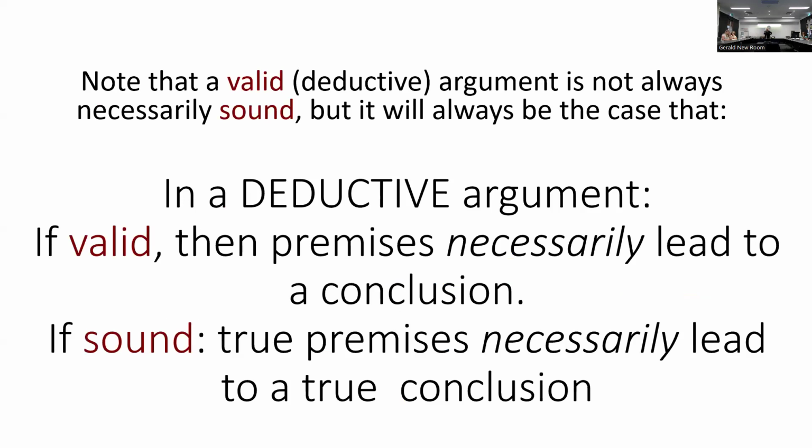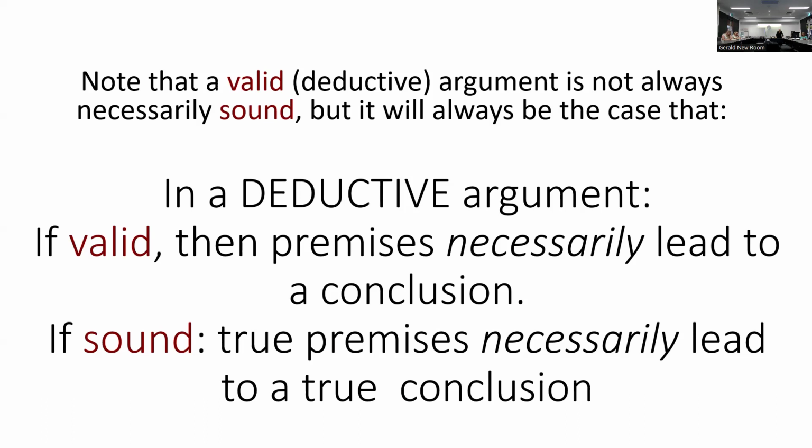Now, know that a valid deductive argument is not always necessarily sound. And here we come to the next point, which is important. In a deductive argument, if the argument is valid, then the premises necessarily lead to a conclusion. We already know that.